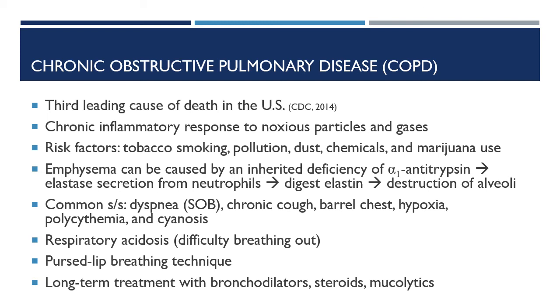And that leads to COPD. So, for example, if someone presented with COPD and they were a non-smoker, there was really no explanation for why they had COPD, they can be tested for alpha-1 antitrypsin deficiency.